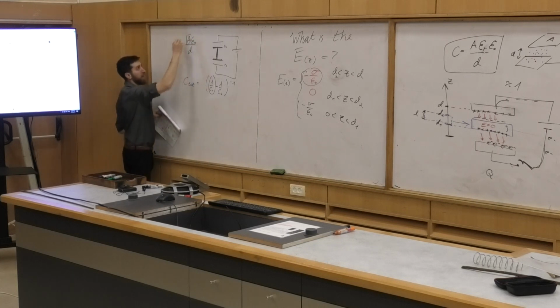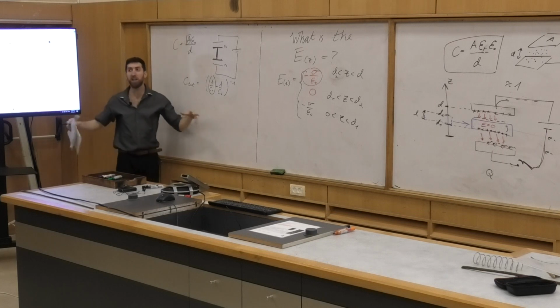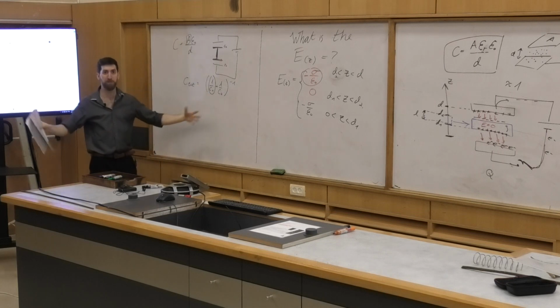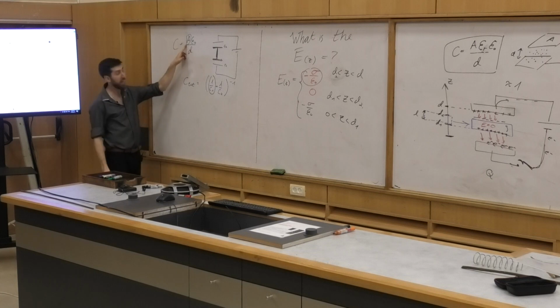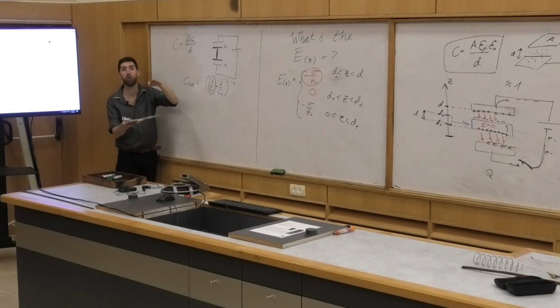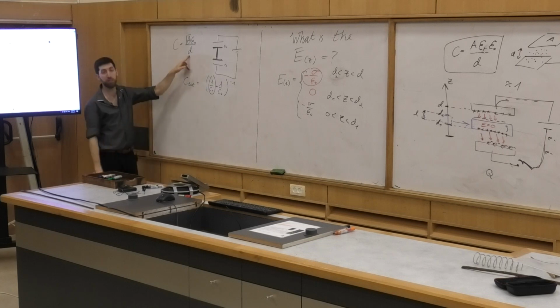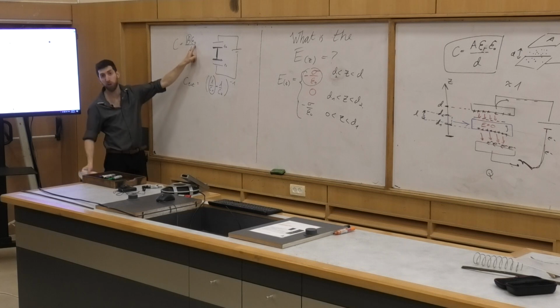Note that if the area is big, there's a lot of place for electrons to accumulate, to have a party. And if the plates are really far away, they would not talk to each other. If D is large, the capacitance is decreasing. And the material is also important. In most cases, here it's going to be just a vacuum.